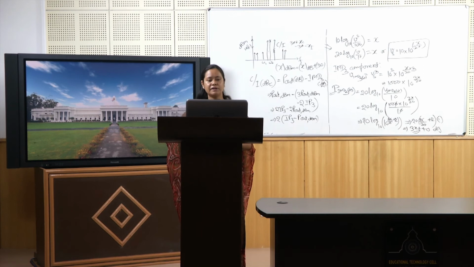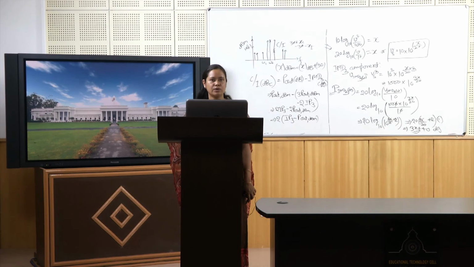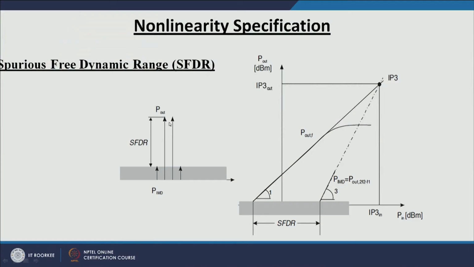Now, the other parameter is spurious free dynamic range, SFDR. We have seen this SFDR earlier when we were discussing mixers and A to D, D to A converters. This is basically the ratio of output power with respect to the noise level or any distortion.